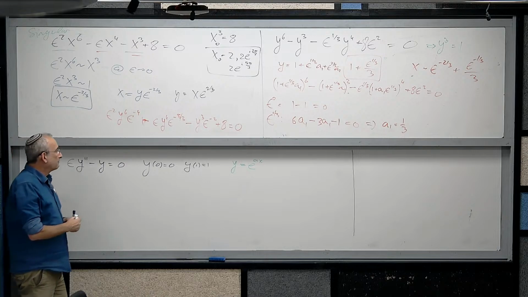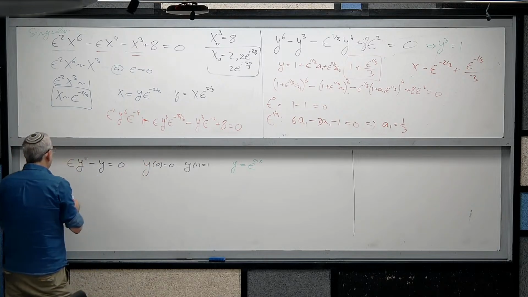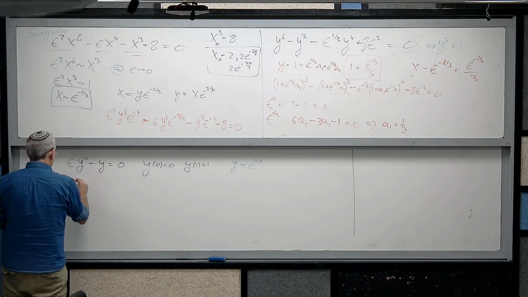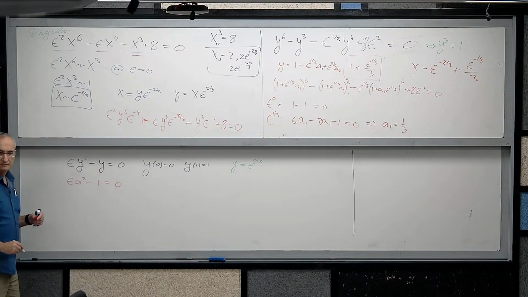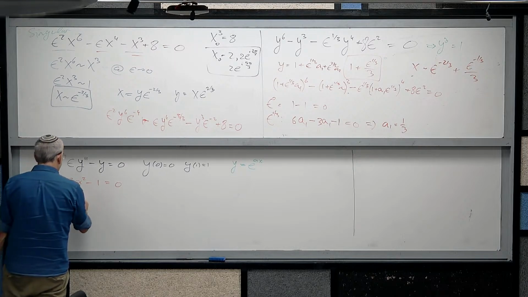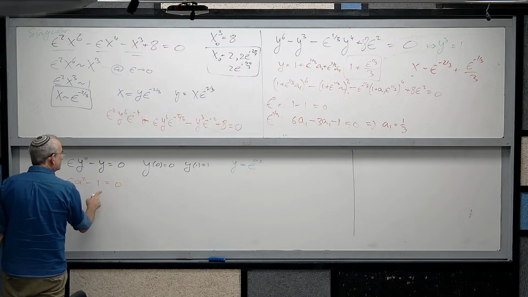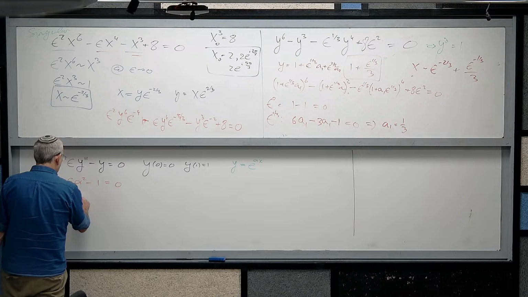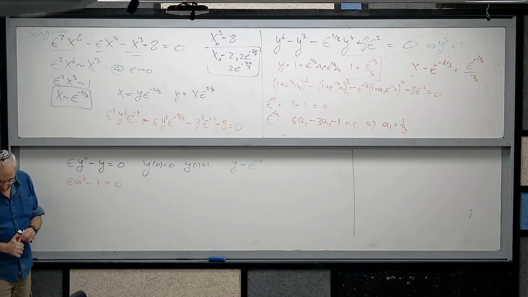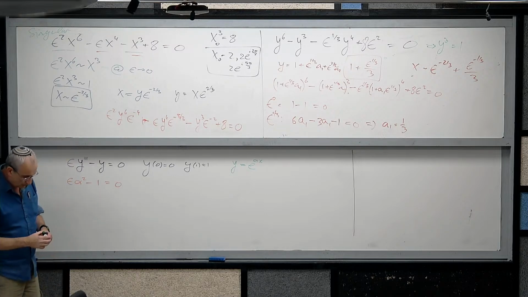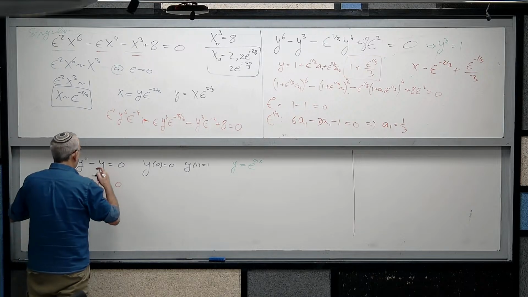If I plug e to the alpha x here, I will get epsilon alpha squared minus alpha equals 0, because I have y prime here.